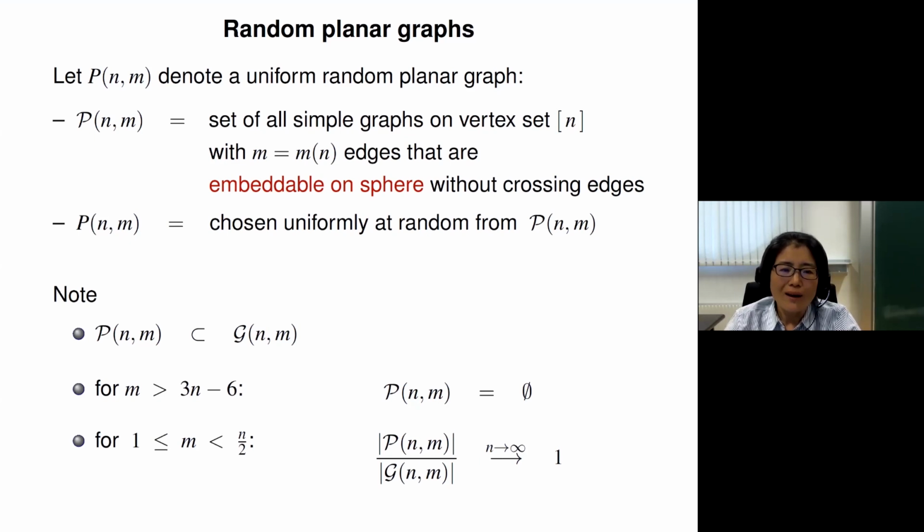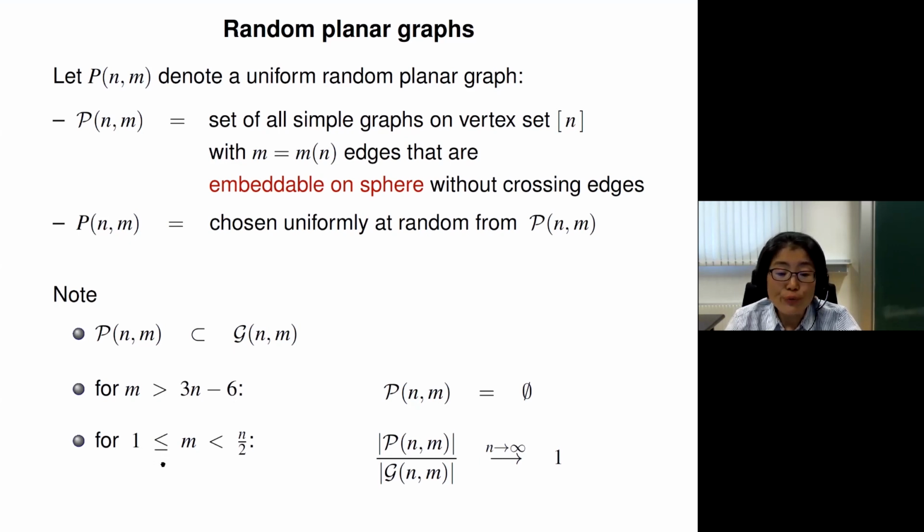Simply, of course, the class of all planar graphs is a subset of the class of all graphs without any constraint, a triviality. And due to the famous Euler's formula, we also know that there are no planar graphs with more than 3n minus 6 edges. 3n minus 6 edges are achieved only by planar triangulations.